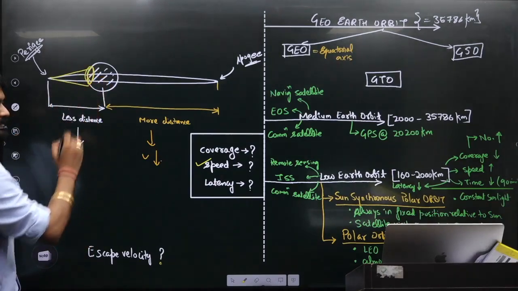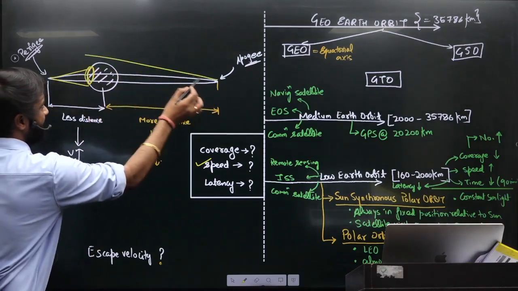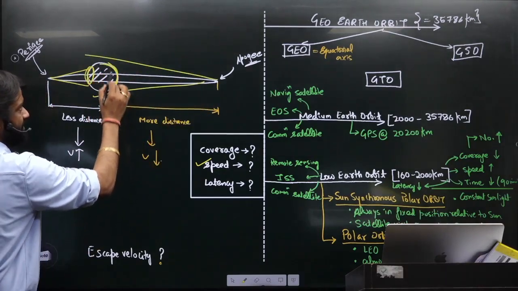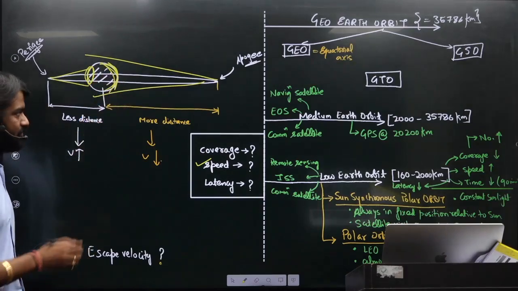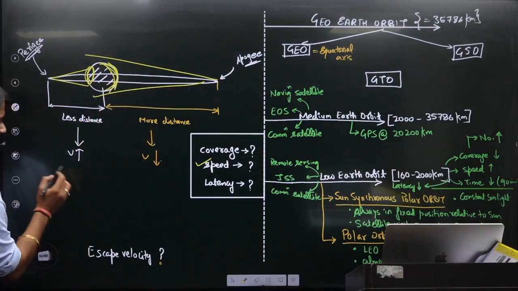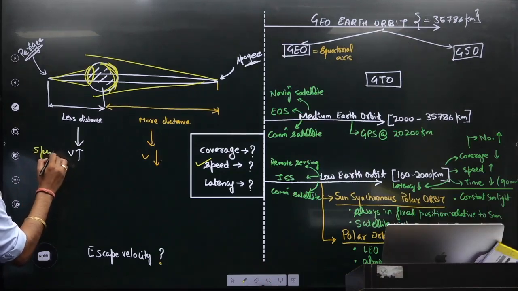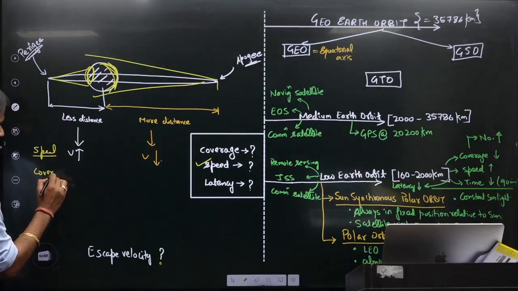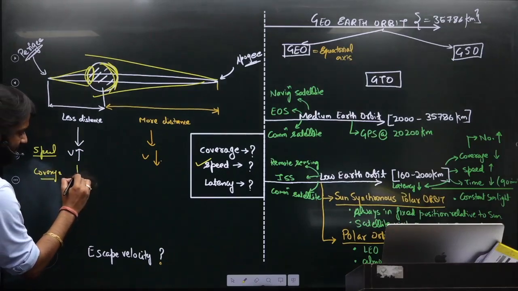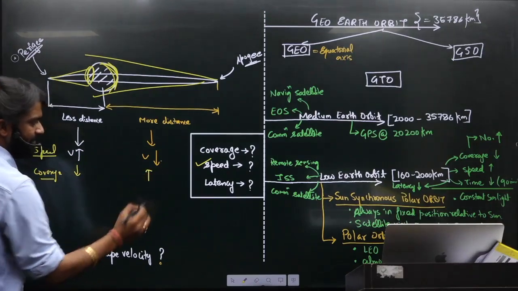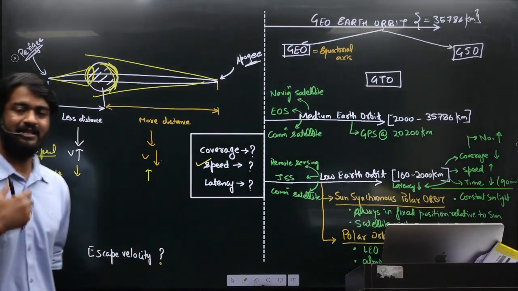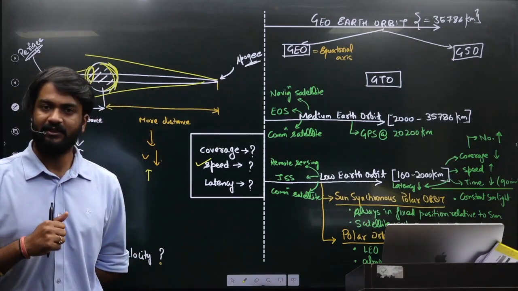And whenever it is farther, it will be able to cater to a larger area. So if I talk about coverage, my coverage will be less here, and my coverage will be more when the satellite is at more distance from the center of the earth.